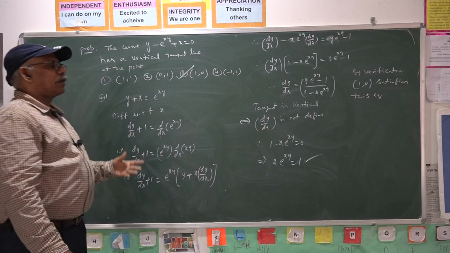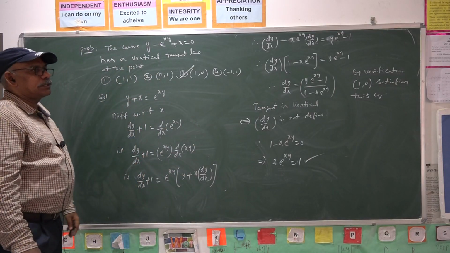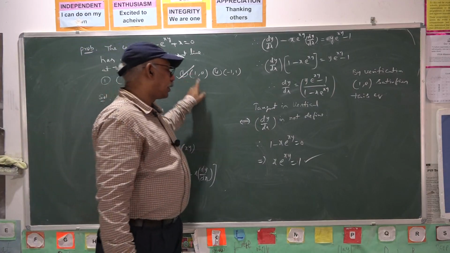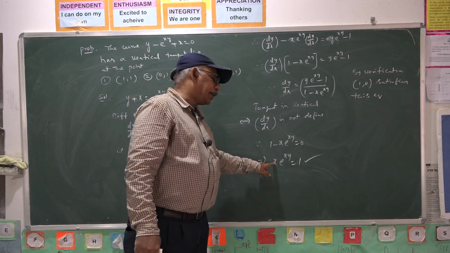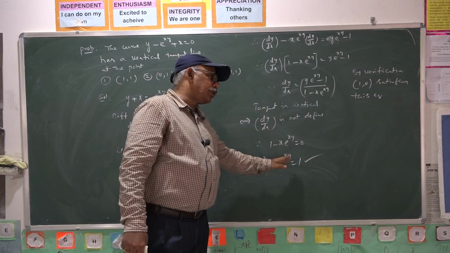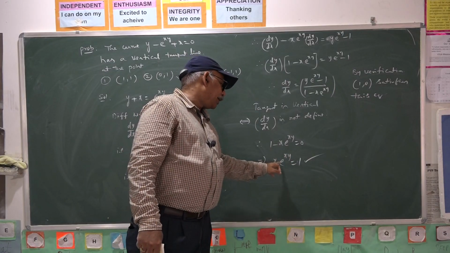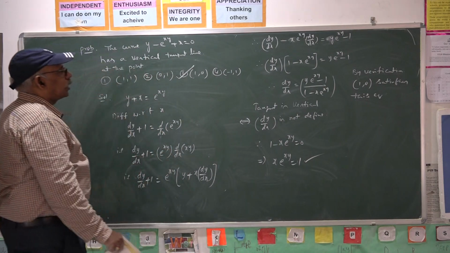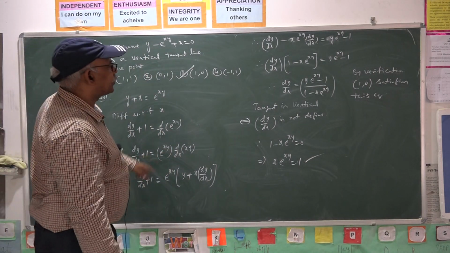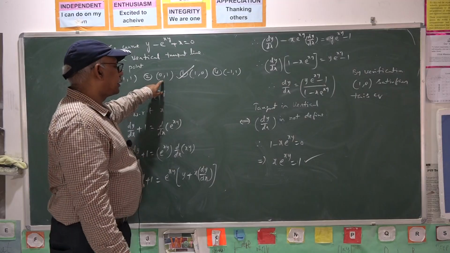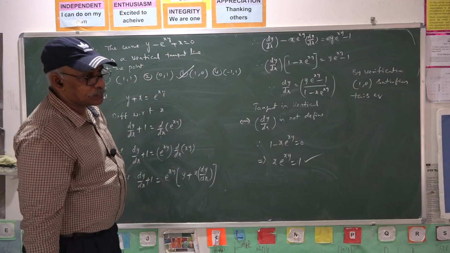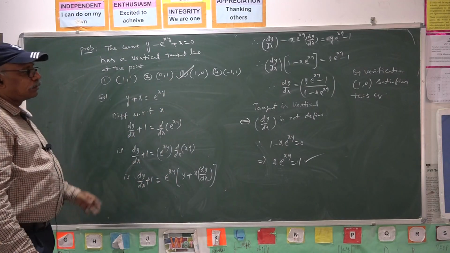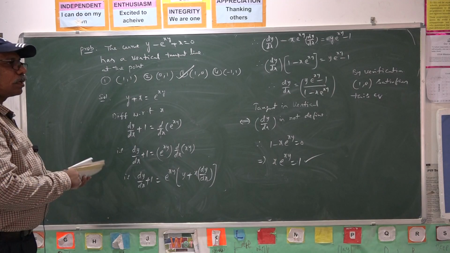Otherwise, by verification you can get this point as (1, 0). Taking x equal to 1, y is 0 in this one, 1 into e power 0 gives us 1 clearly. For other points it was not satisfied, except that point. Hence the required point is (1, 0).